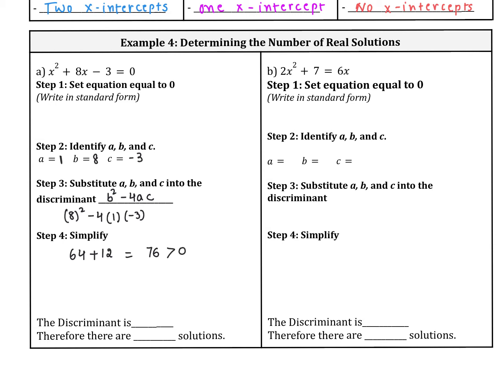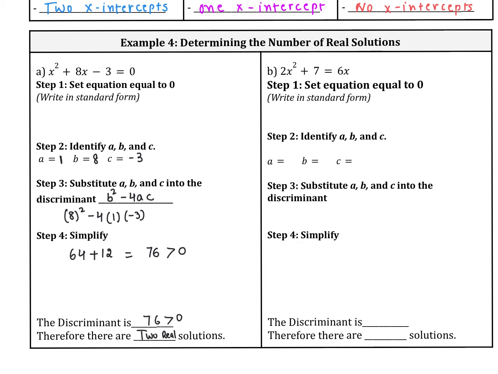So if the discriminant is 76, which is greater than 0, therefore there are two real solutions.